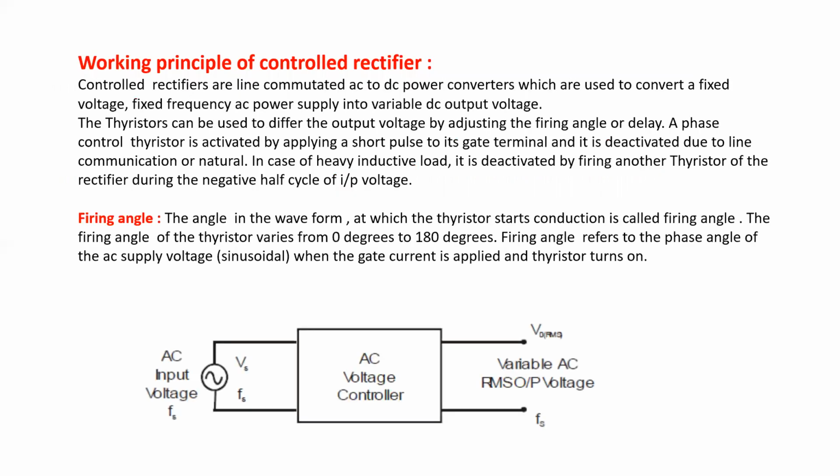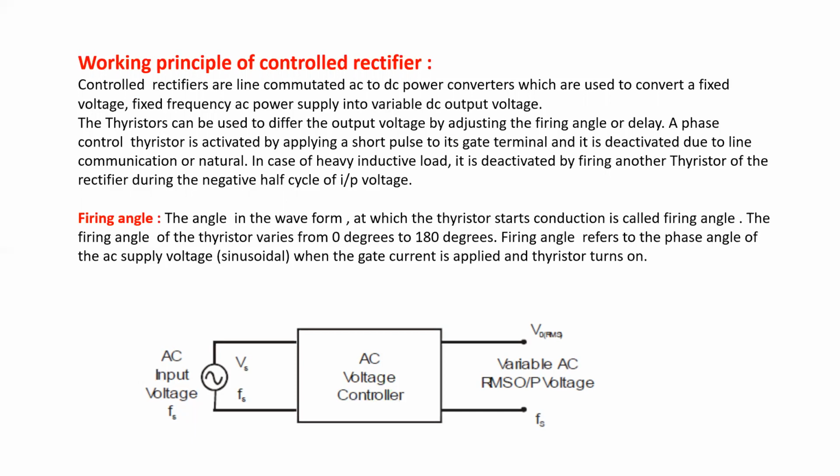Let us consider the principle of the controlled rectifier. In a controlled rectifier, we have to use line commutation, that is, the supply is AC, so we have to consider line commutation methods. In this, thyristors can be used to vary the output voltage by adjusting the firing angle or the delay of the circuit.